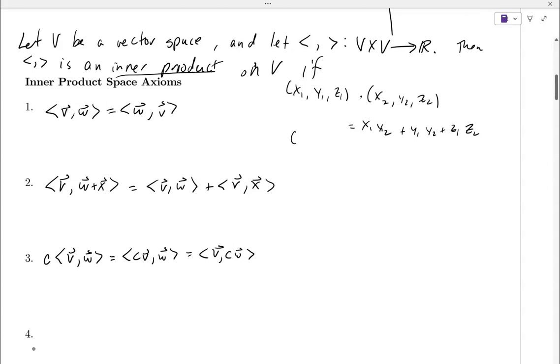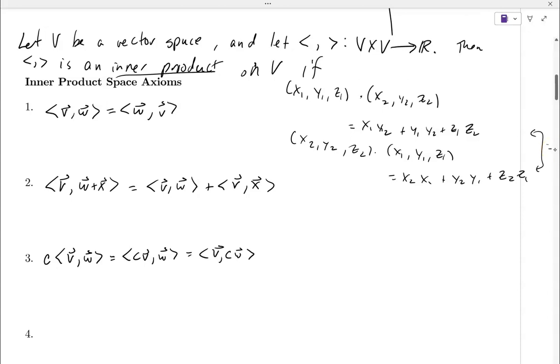If you do it the other way around, all it does is flip your products, right? But these are all just real numbers. So these two things really are equal, right?